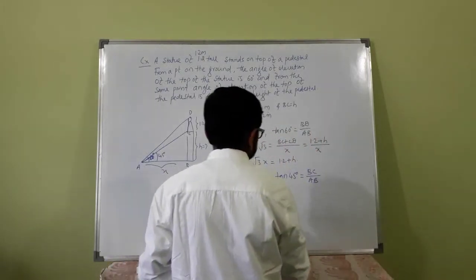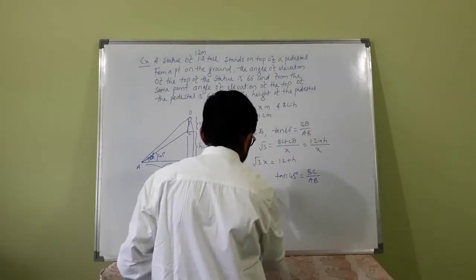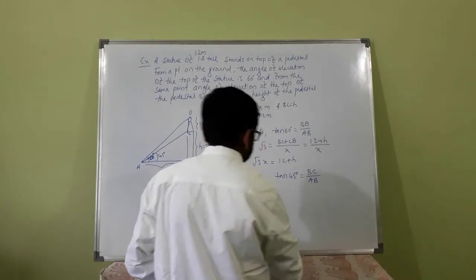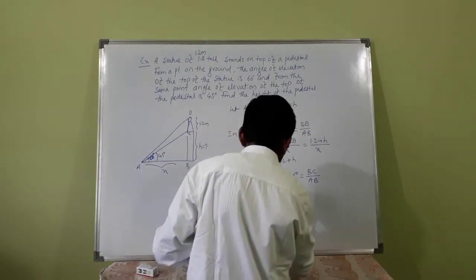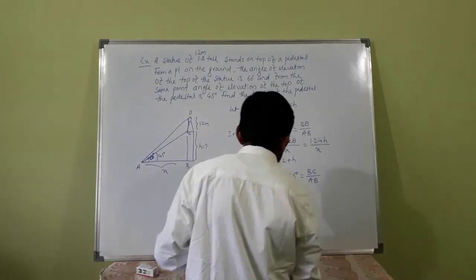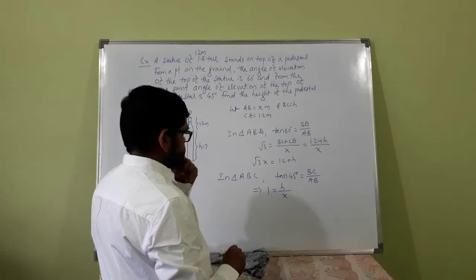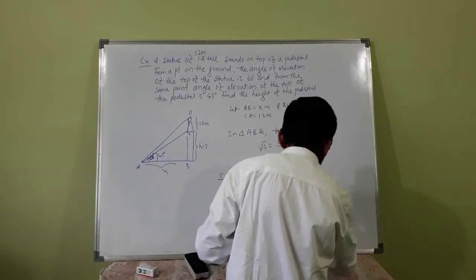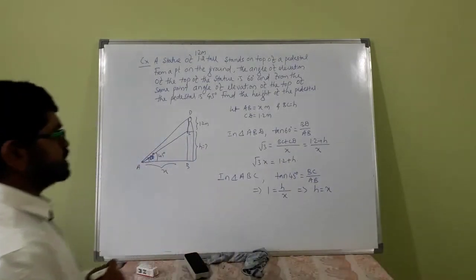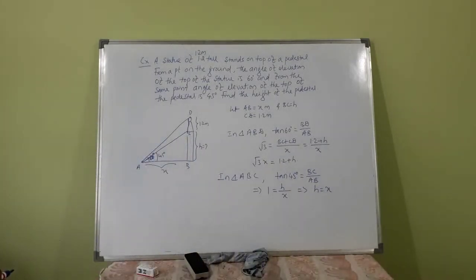That implies tan 45 is 1. BC means h, AB is x. So 1 is equal to h by x, which means h is equal to x. h and x are the same.